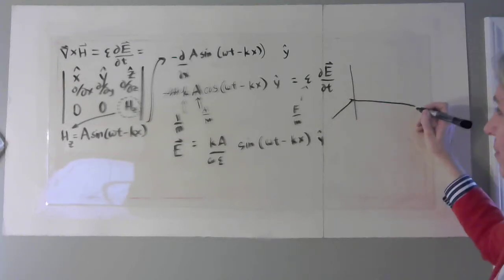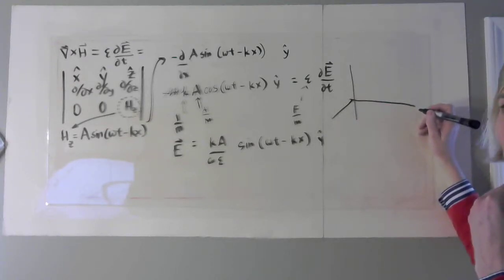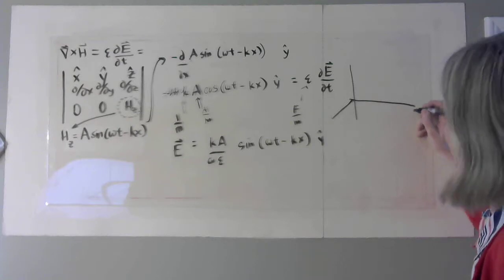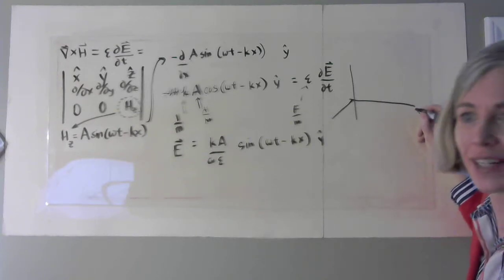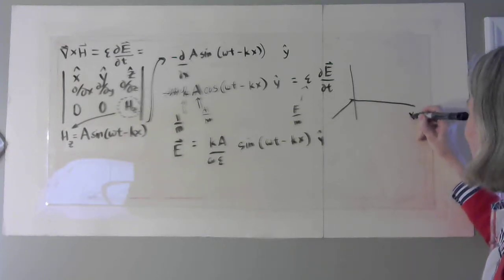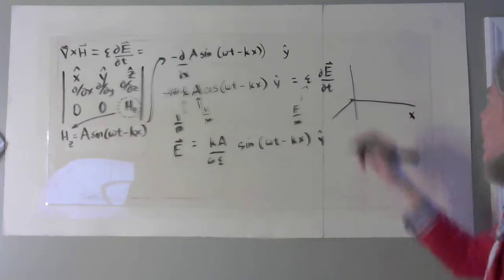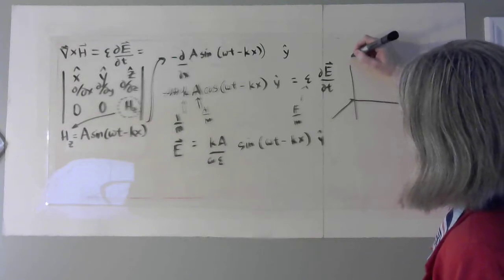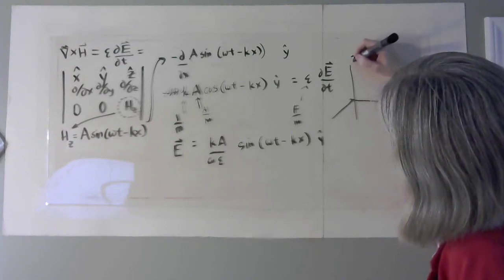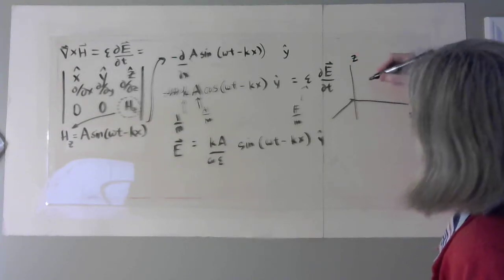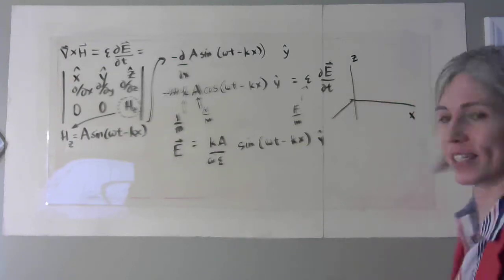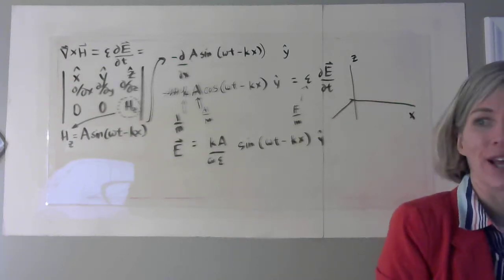Let's see. So I took my usual coordinate system and flipped it around. So I have to be careful here to draw a right-handed system. But this is the x-axis. That's the one that everything's kind of wiggling on. And this is the z-axis. Did I do that right? Okay, and this was my magnetic field. Let's get a nice red marker out for that one.